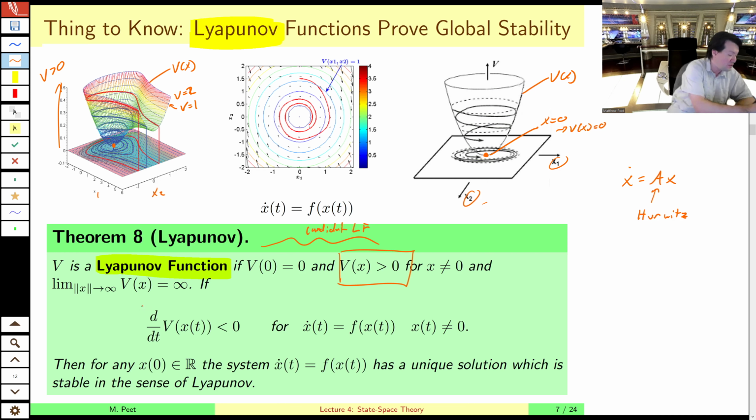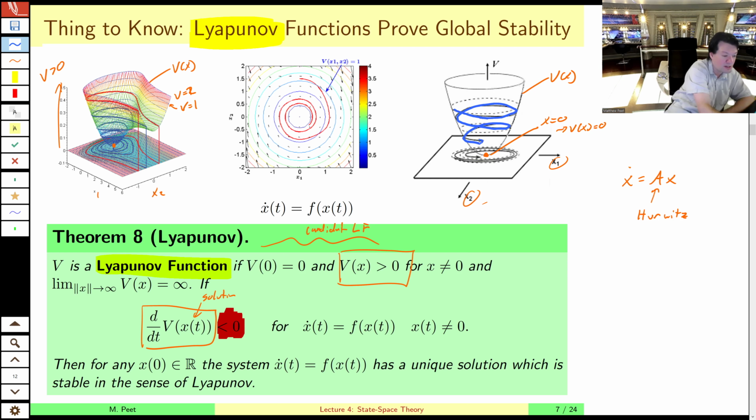And what that means is basically that the Lyapunov function is always decreasing along solutions of the system. So here, for example, in these plots, this is a solution of the system, and the value of this Lyapunov function is decreasing. It may go in all sorts of directions, but it's uniformly decreasing as time goes on.